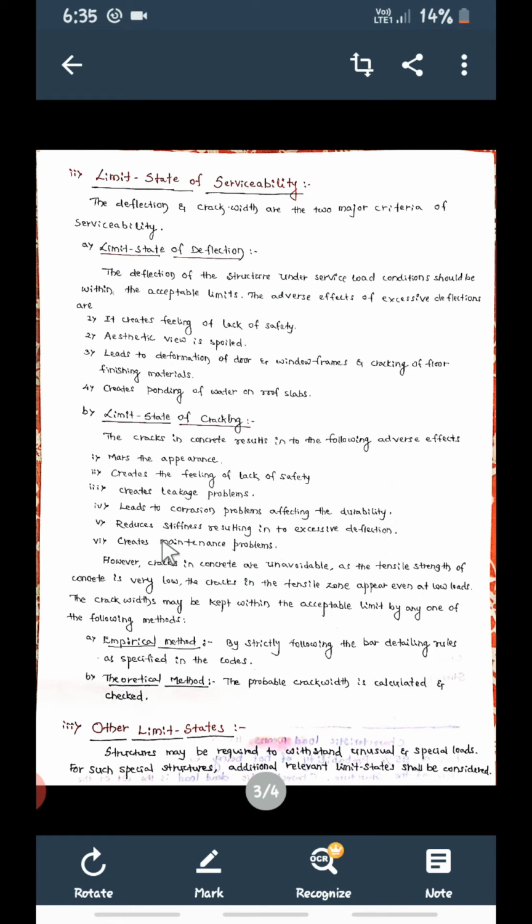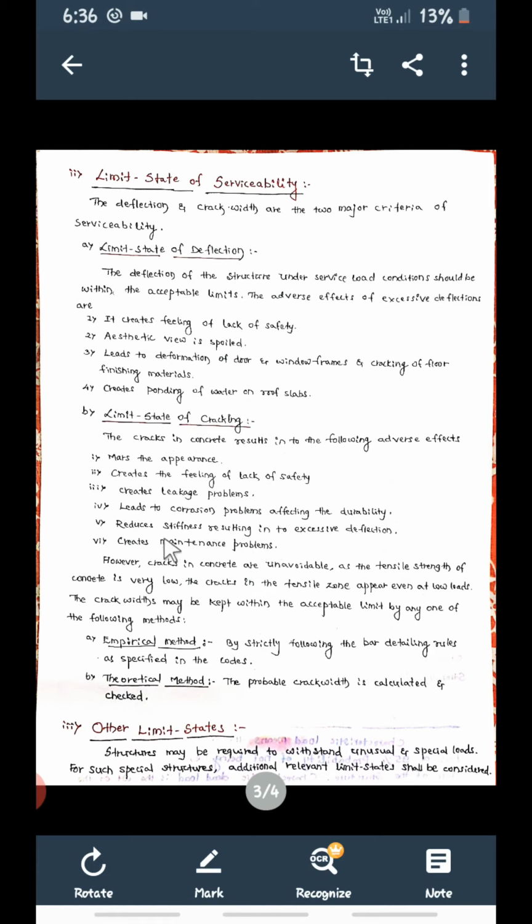Another important one is that it leads to corrosion problems. When the leakage starts, the steel bars will rust, and when the steel bars rust, they lose strength. So corrosion is a major problem with cracks. Then stiffness will be reduced, and maintenance problems will be more.